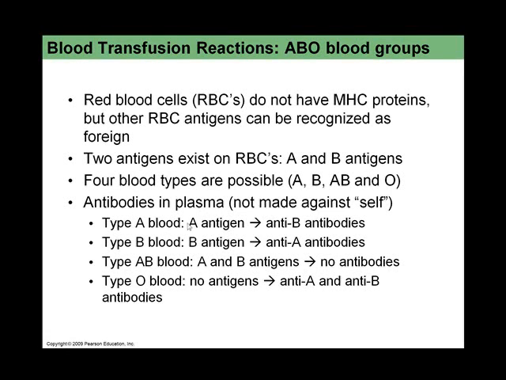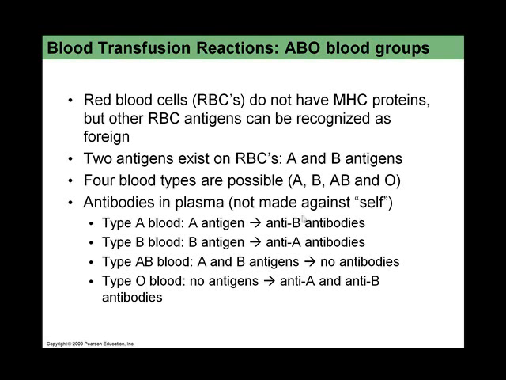So if you are type A, you have the A antigen. You don't produce antibodies against that because that's self. What you do produce is antibodies against the other protein allele, anti-B antibodies. So if you are blood type A, you will have anti-B antibodies in your plasma.